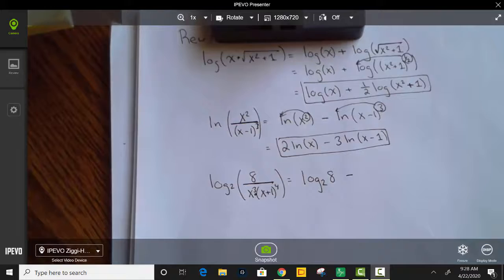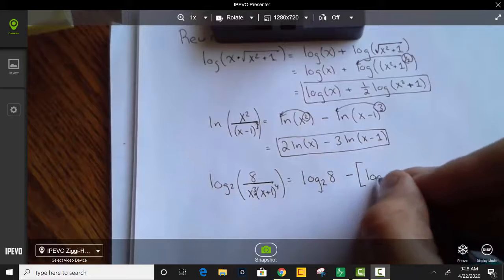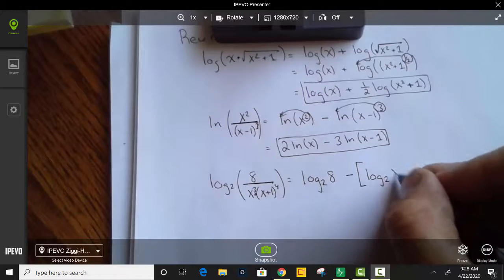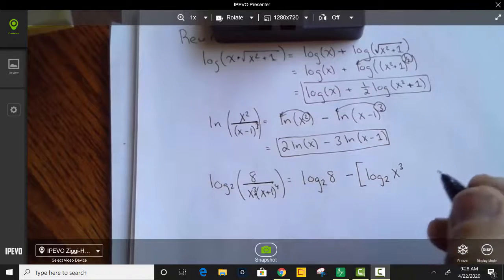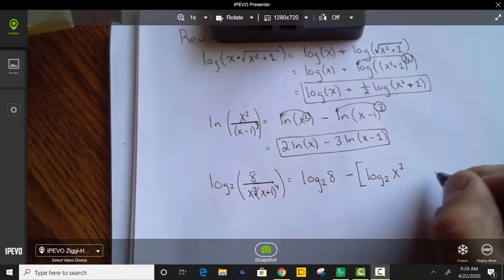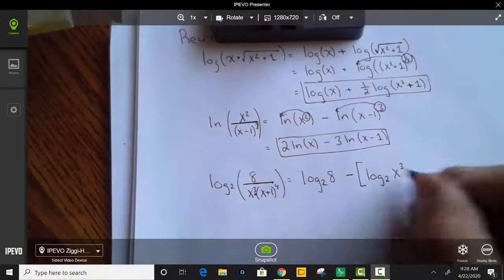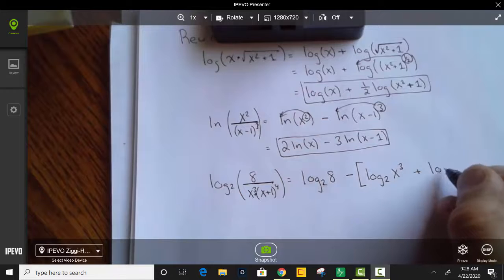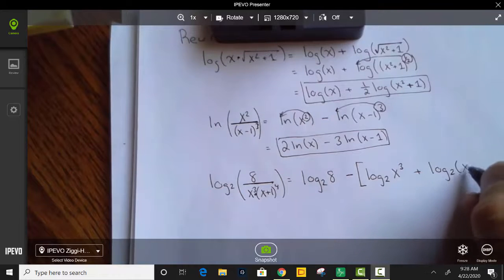And so we're dividing by multiple items. So what we're going to do is introduce a bracket, and then this can be log base 2 of x to the third, and then the multiplication turns into a plus, log base 2 of x plus 1 to the 4th.